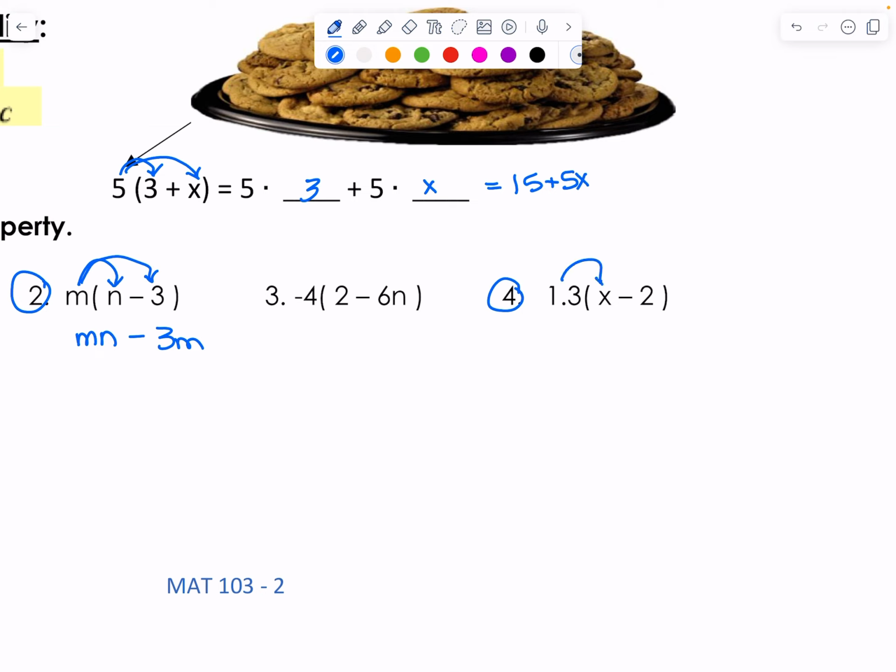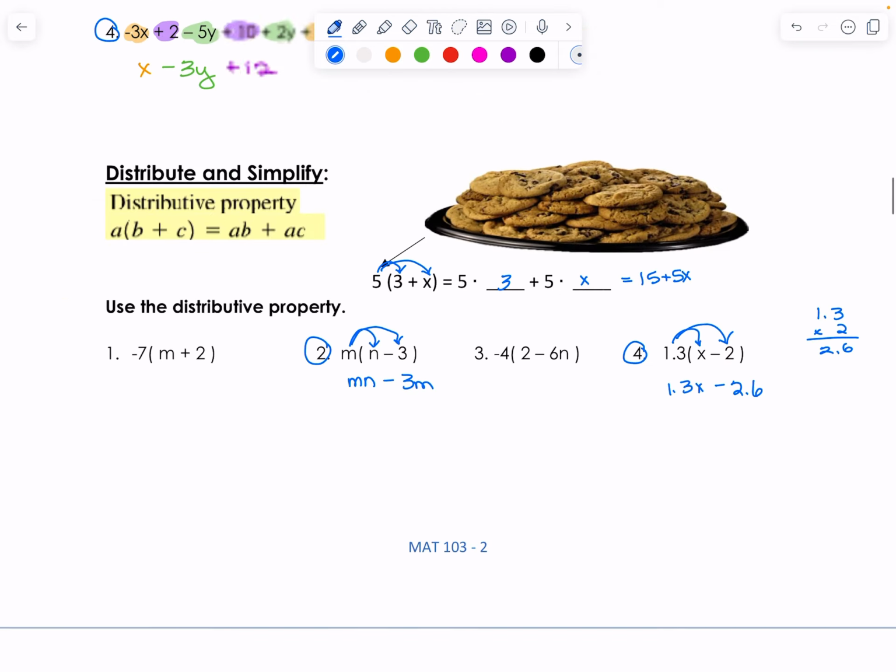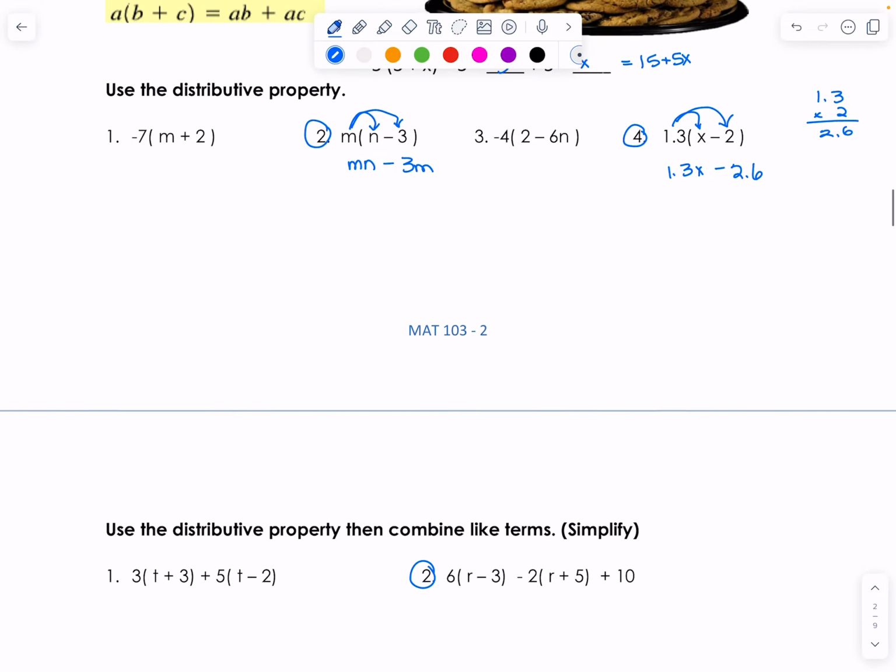So 1.3 times x is just 1.3x, and 1.3 times 2 is going to give us 2.6. So that would give me a negative 2.6. So 1.3x minus 2.6. So that's the distributive property.